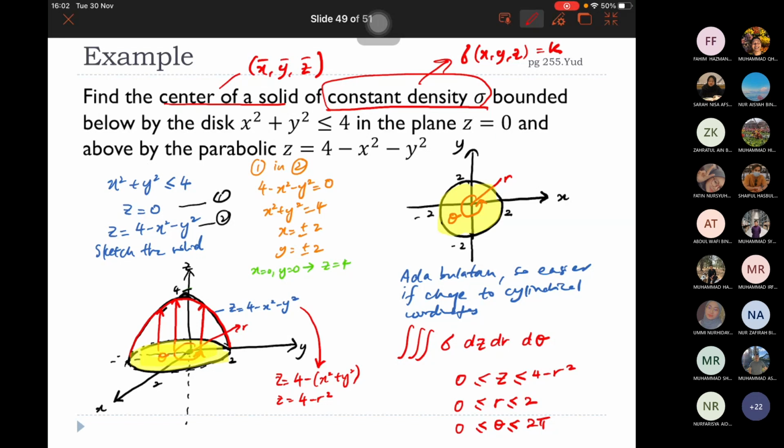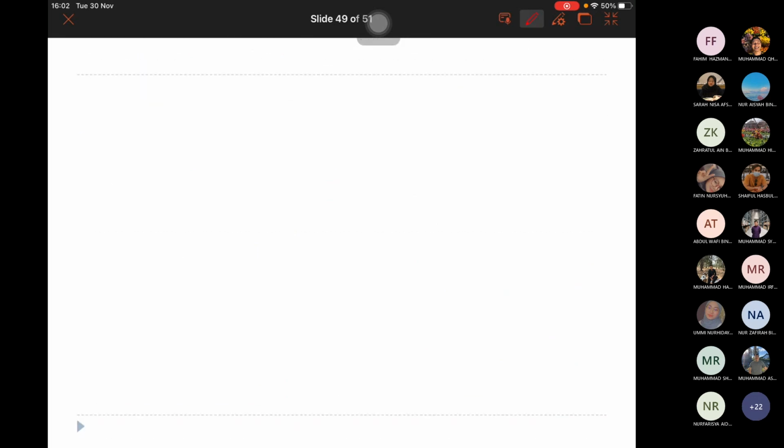Integration terhadap density. Okay, so mass M akan sama dengan integration 0 sampai 2 pi, 0 sampai 2, 0 sampai 4 tolak R squared, density R dz dr d theta.